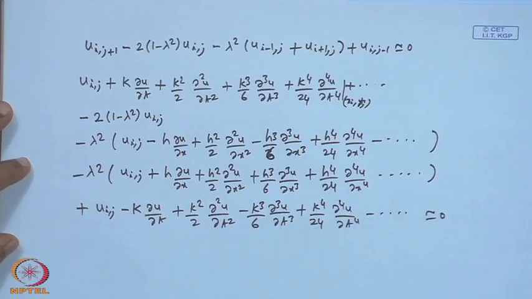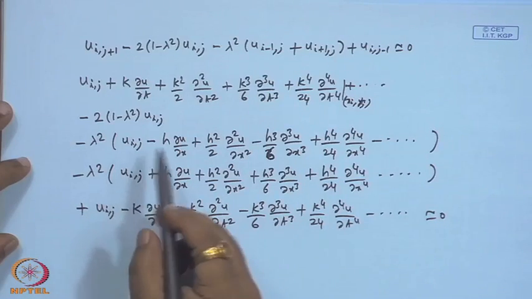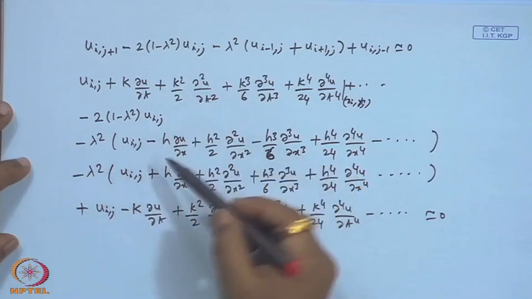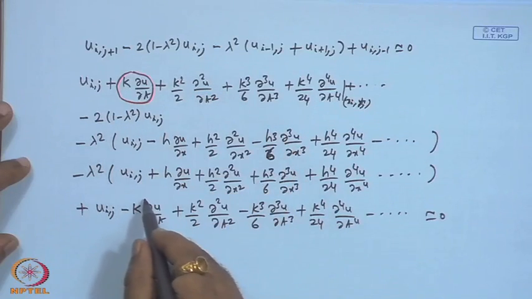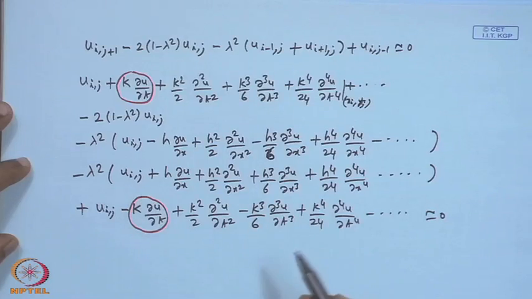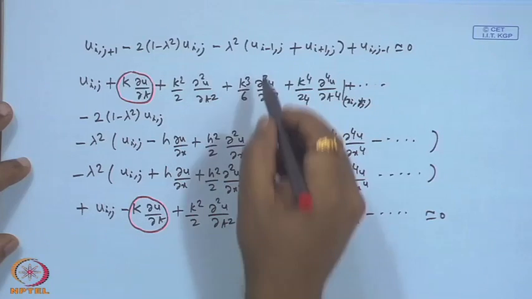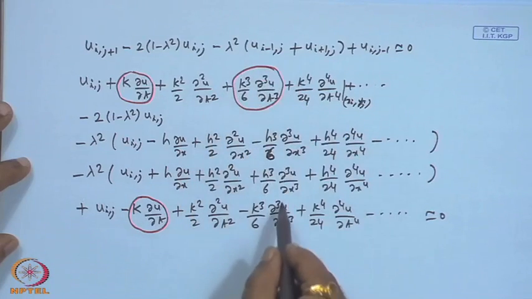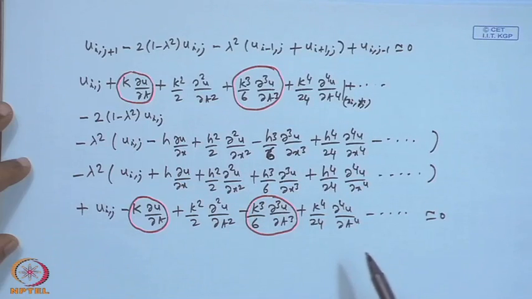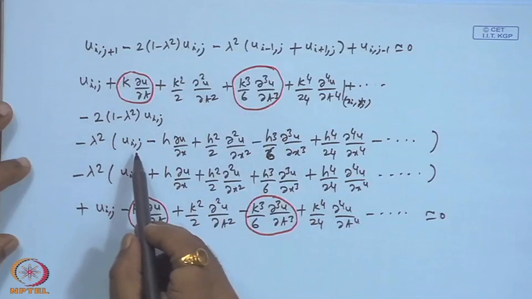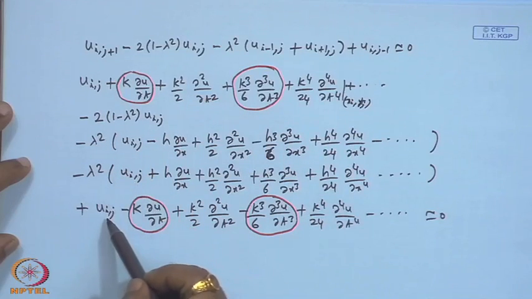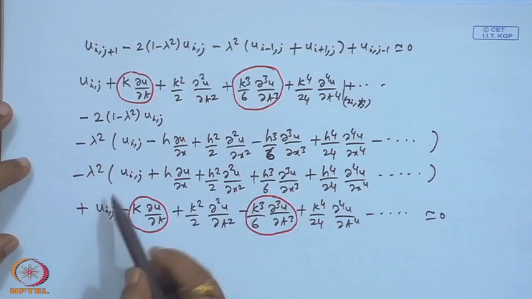Now let us count. This term gets cancelled, and this term gets cancelled. Then look at it: there is one u_i and we have another u_i, so we get 2 u_i.